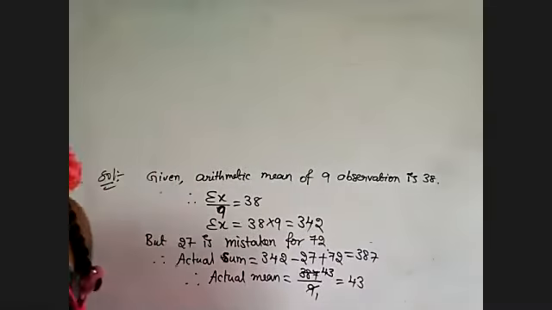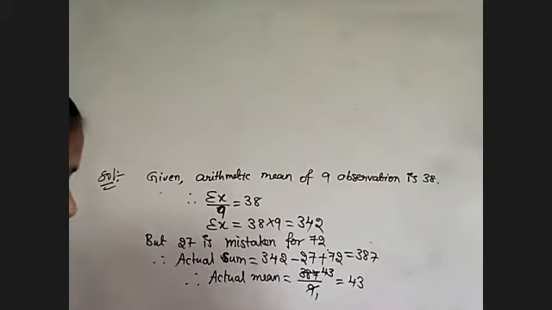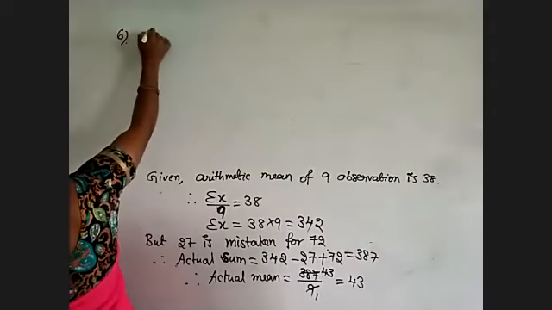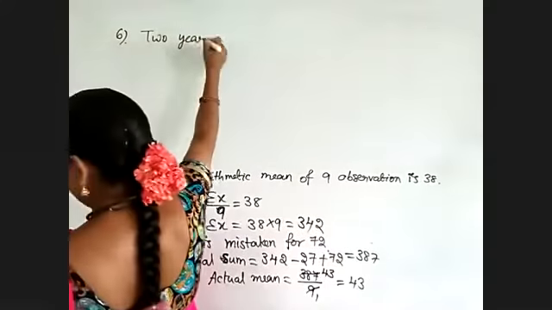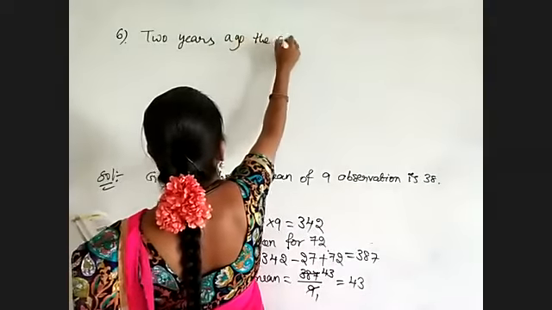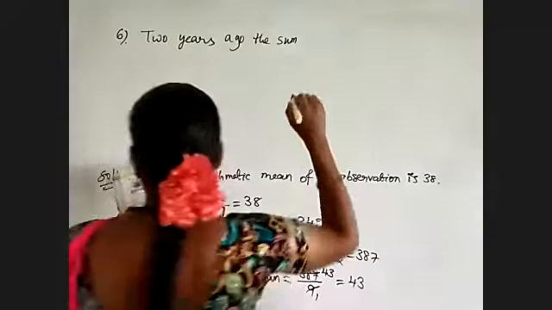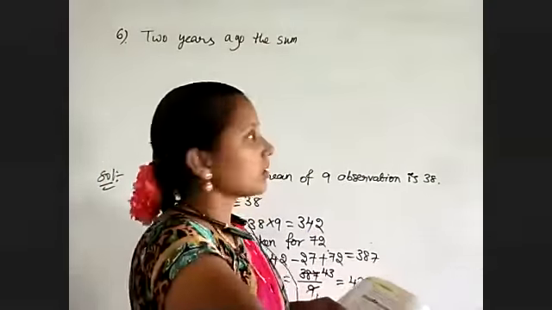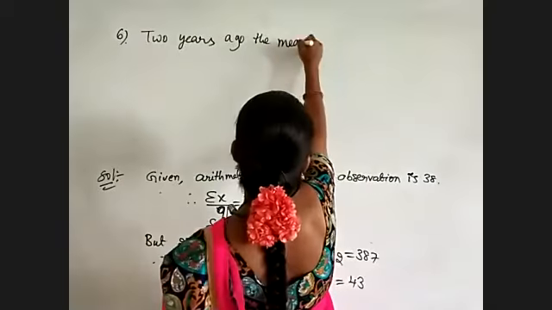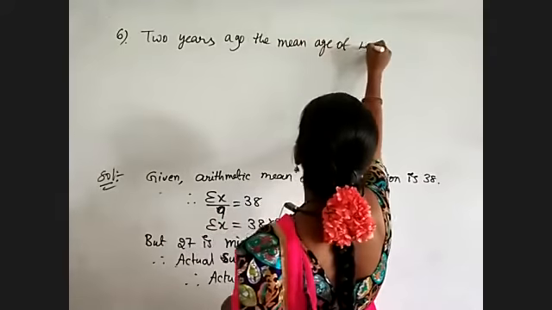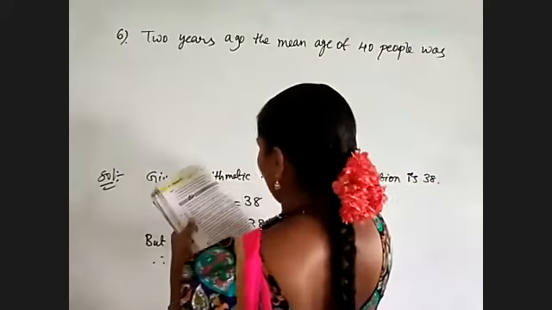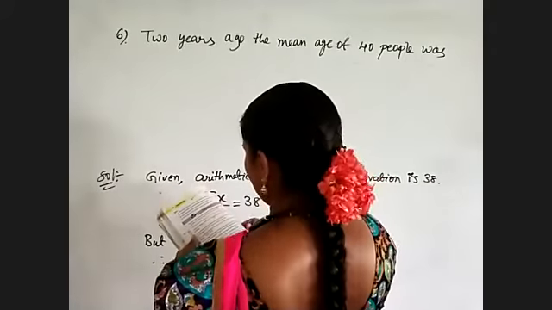Coming to the sixth problem. Two years ago, the mean age of 40 people was 11 years.